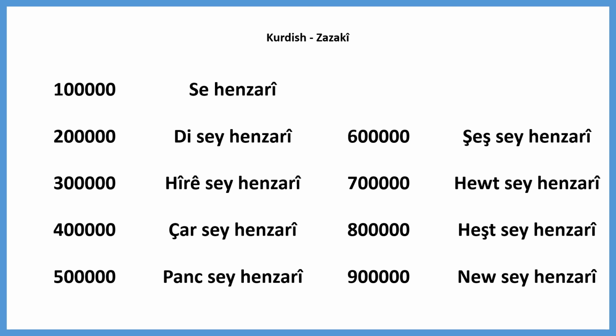The multiples of 100,000, starting from 100,000 and ending with 900,000, are se henzari, desey henzari, hiresey henzari, charsey henzari, panjsey henzari, sheshsey henzari, heltsey henzari, heshtsey henzari, nelsey henzari.